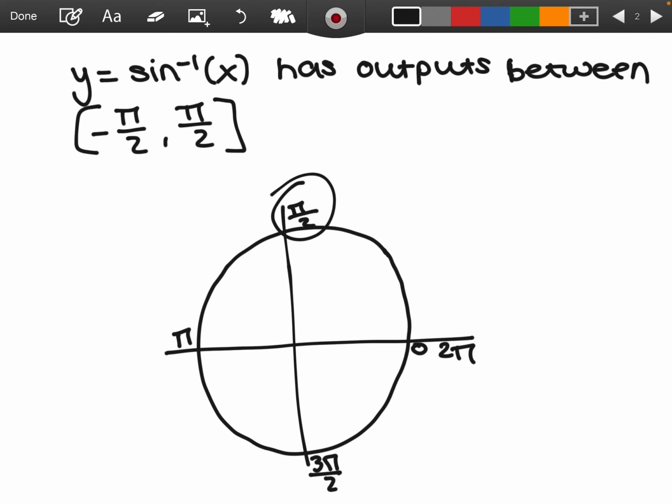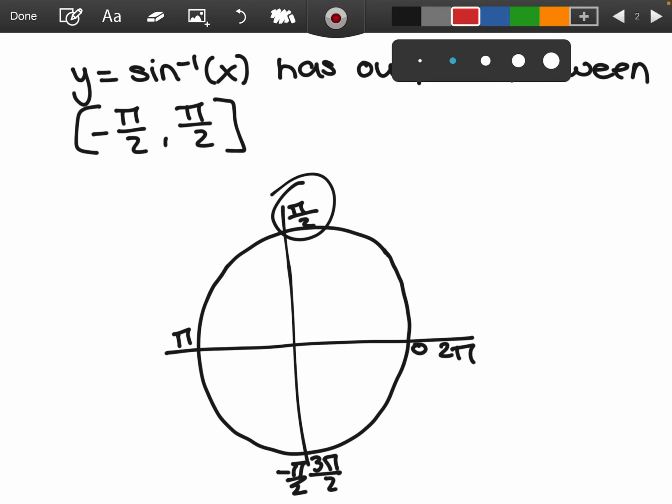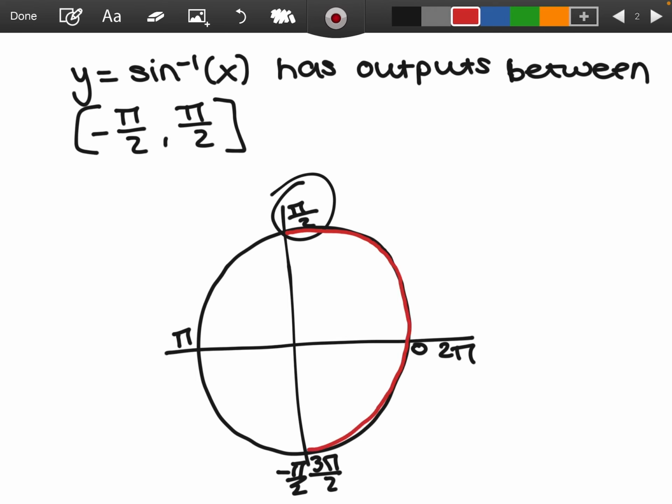Pi/2 is up here, and then -pi/2, again, using coterminal angles, this time I'm going to go in the clockwise direction. So -pi/2 is down here where 3pi/2 is. So my possible outputs for sine inverse are going to be anywhere in quadrants 1 or quadrant 4.